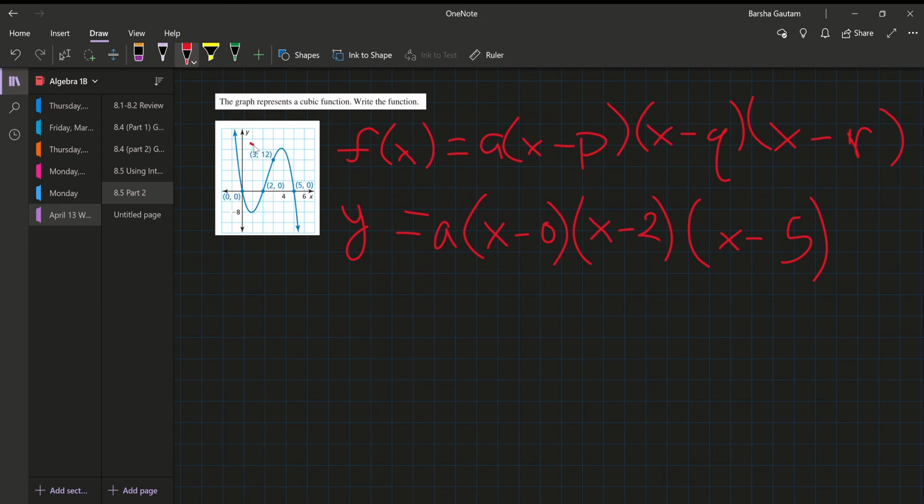Remember, 3 is the x, and 12 is the y. Okay, so we're going to plug that in. We're going to replace it. So 12 for y, leave the a alone because that's what we're trying to figure out. And we're going to replace the x with 3 on the whole entire thing. Replace all the x's with 3.